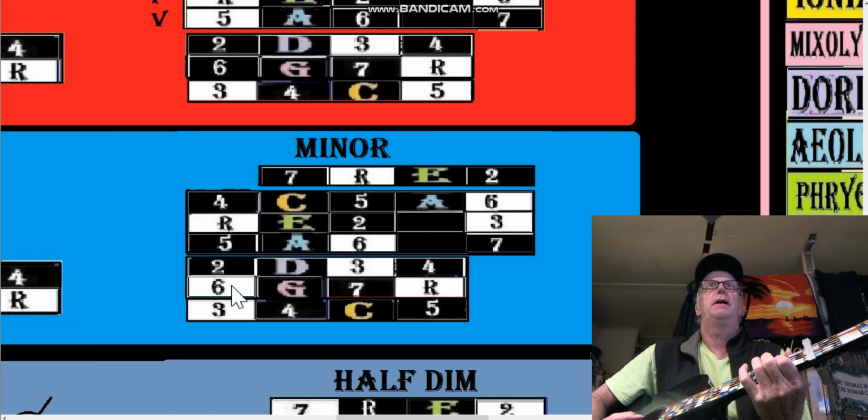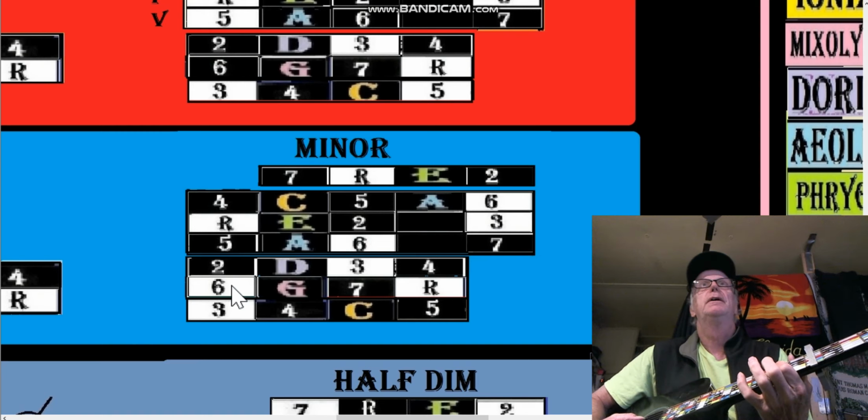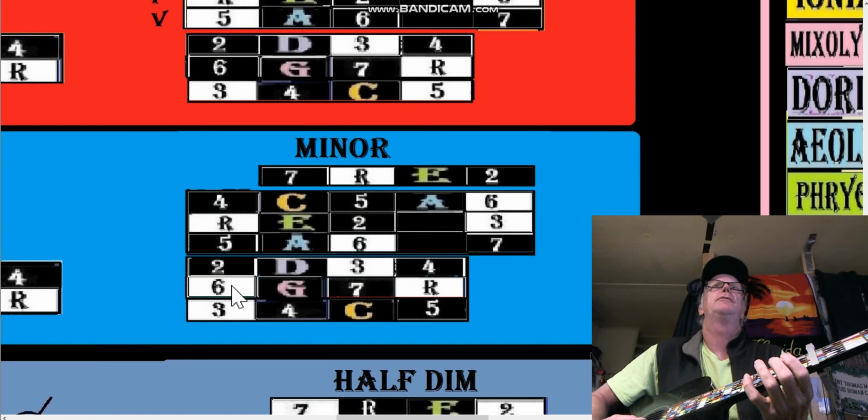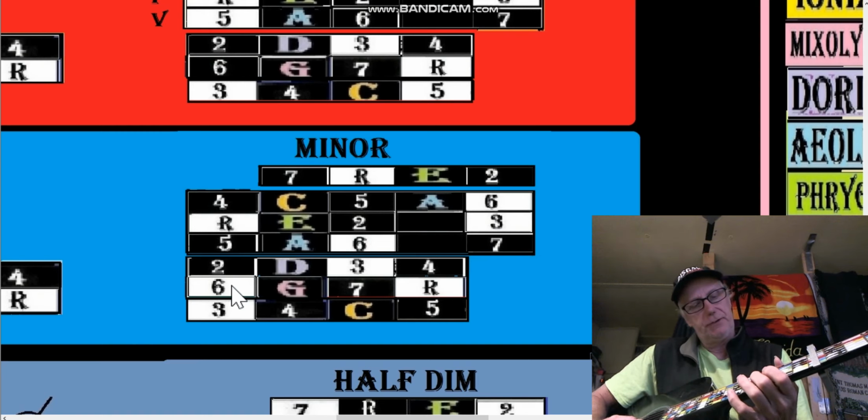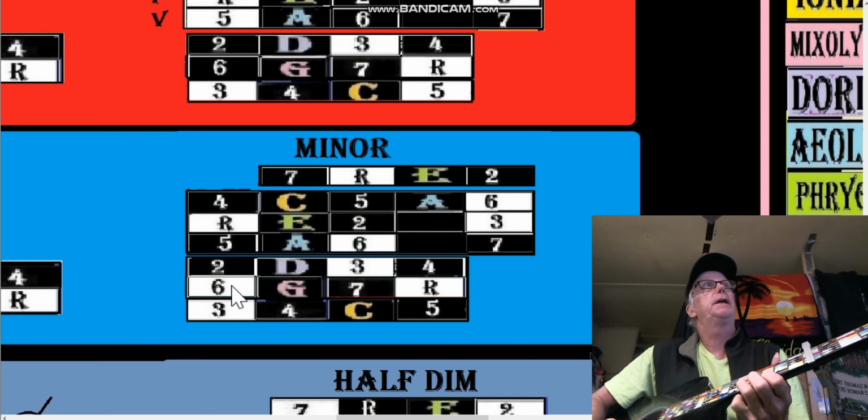Then straight up for the 6th in the extra long, and then to the root again of G. G string root. Now we're going to go way up here for the 3rd, and then to the 6th, but we got to warp it up, and then to the root again.